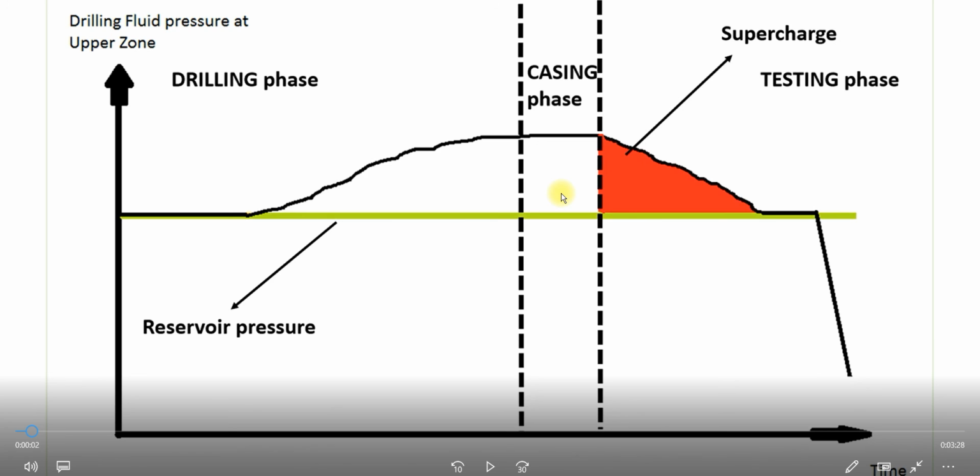The only thing I recommend is that you wait long enough, if you can, for the supercharge to go, so that when you test your wells, you have a good DST. Or you still do the DST when you're in supercharge, but there are many analytical ways to evaluate what part is supercharged and what part is not.